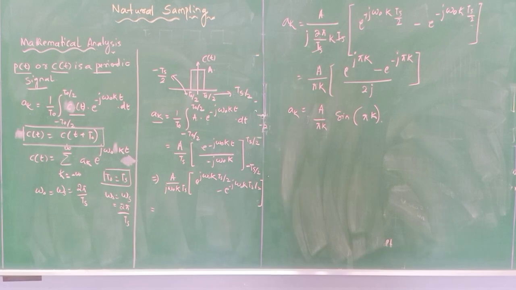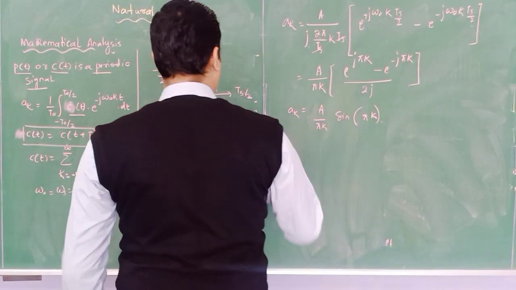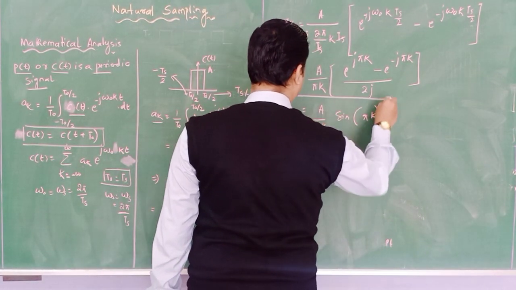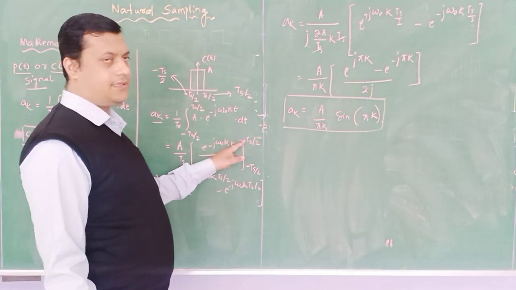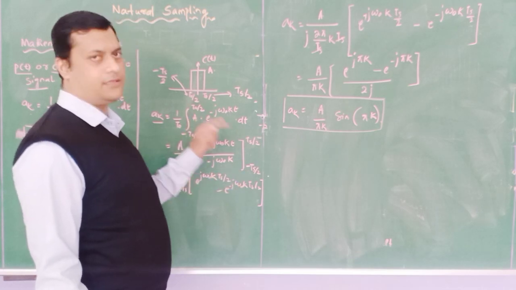Okay. So this is the constant coefficient if your limitation is Ts by 2 to minus Ts by 2.